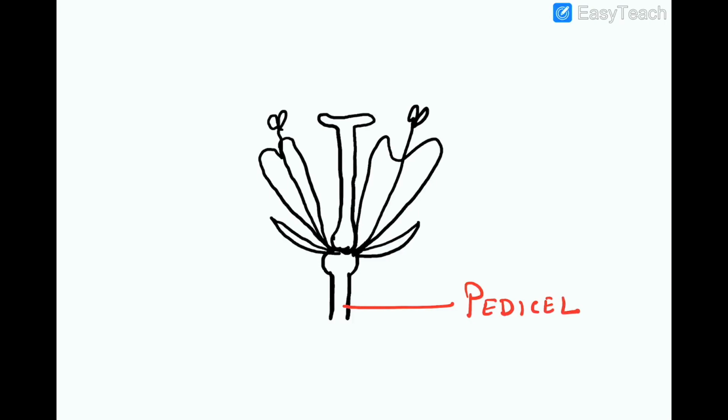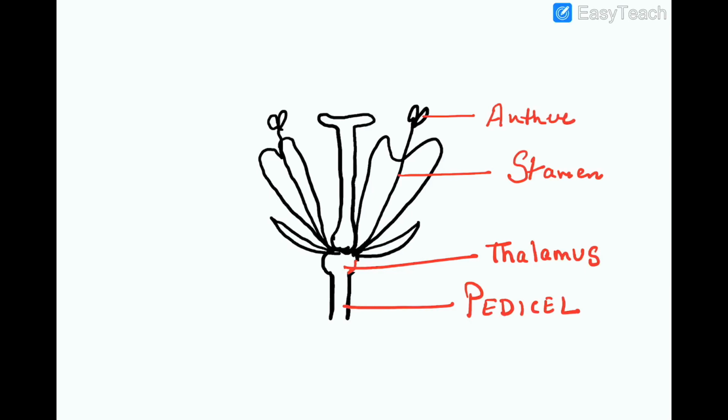The pedicel is swollen at the end and that end is known as thalamus. The male part of the flower is known as stamen, which consists of two parts: the upper part known as anther and the long stalk known as filament.